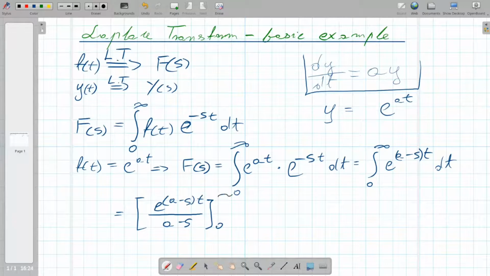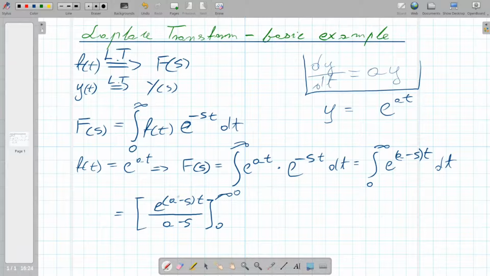With limits 0 and infinity. Now we need to make an assumption about s. We can have three situations. When a is bigger than s, this expression is bigger than 0, and it implies that it goes up to infinity.